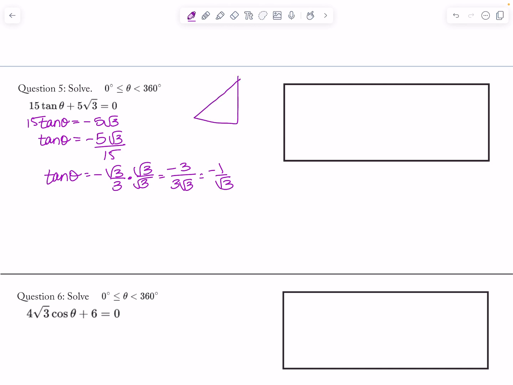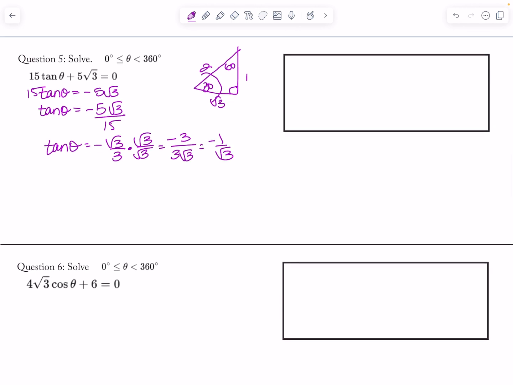Now, my negative 1 over root 3 fits into my 30, 60, 90 triangle, root 3, 1, and 2. And so tangent being negative 1 over root 3 is of the 30-degree angle. So tangent is negative in quadrants 2 and 4.